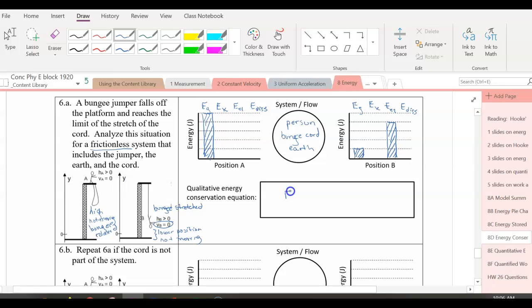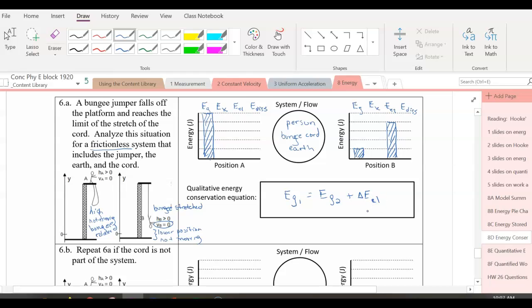So I definitely want to distinguish between the initial gravitational energy and the final gravitational energy by using these subscripts 1 and 2. So in the beginning, the initial gravitational energy has been redistributed, and it equals the final gravitational energy plus the change in the elastic potential energy.